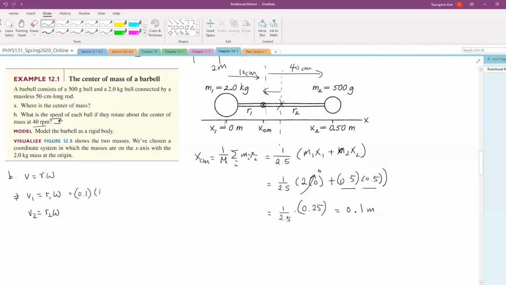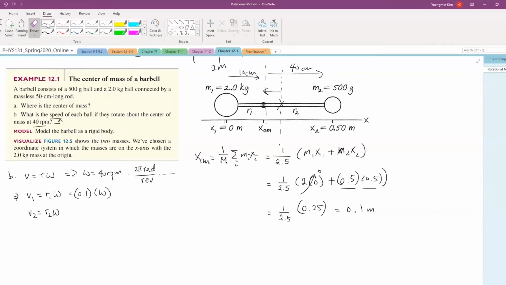Angular velocity is what we need to solve for here. We're given 40 RPM, but that is not in SI units, so we need to convert that into radians per second. That is equal to 40 revolutions per minute. We know per revolution there are 2 pi radians, and there are 60 seconds in a minute.